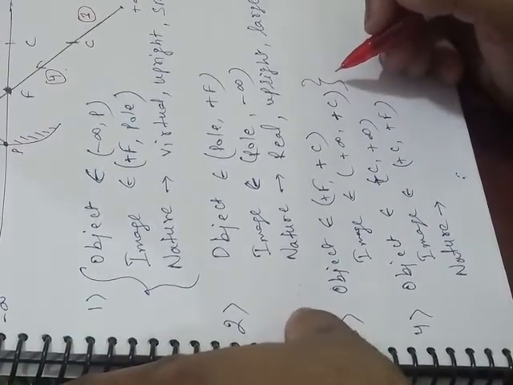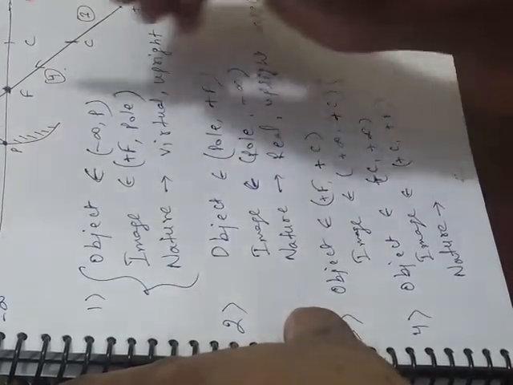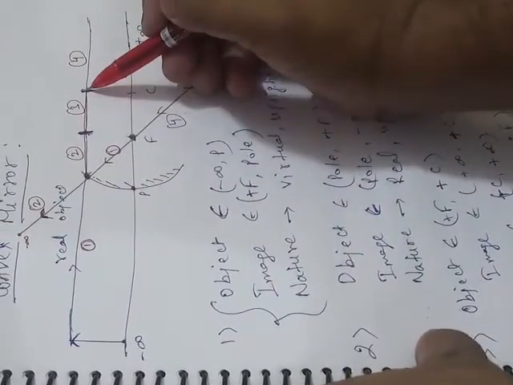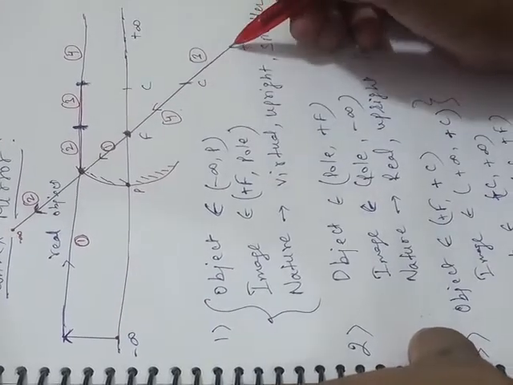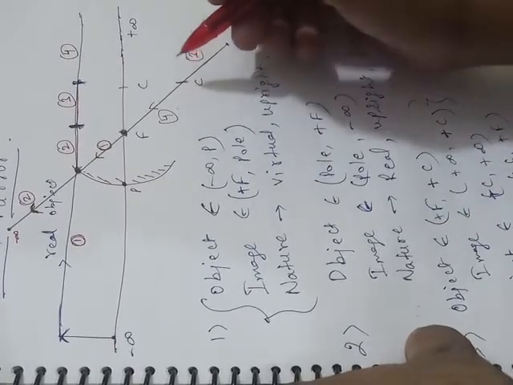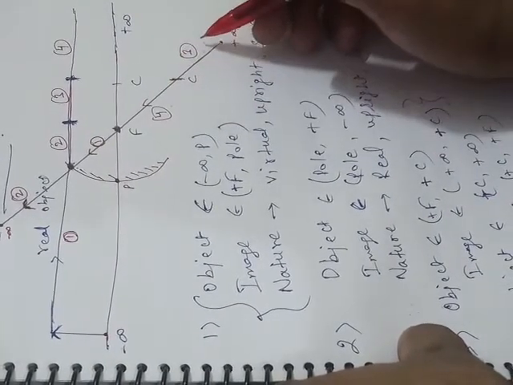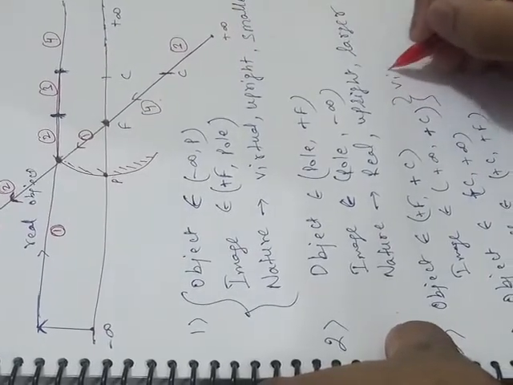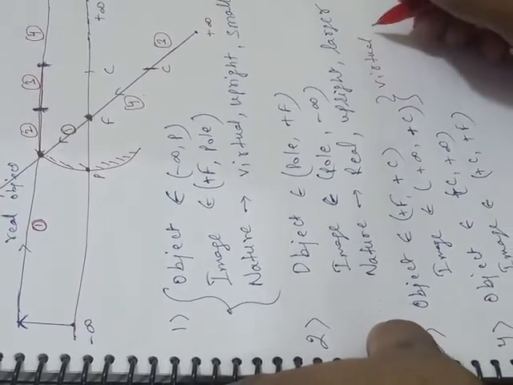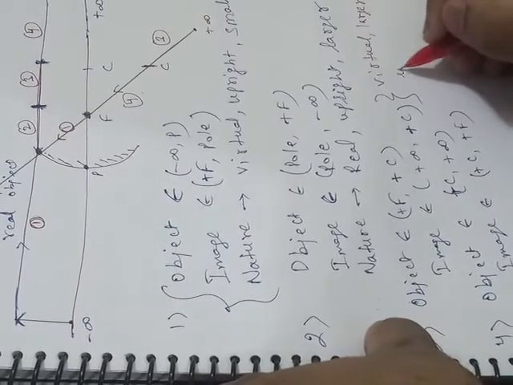Can you tell the nature of the third part? If the object is from focus to center of curvature, it is the third region. So where is the third region of the image? Plus infinity to center of curvature, right? So it is on the other side of the mirror, so it will be virtual, larger and inverted.